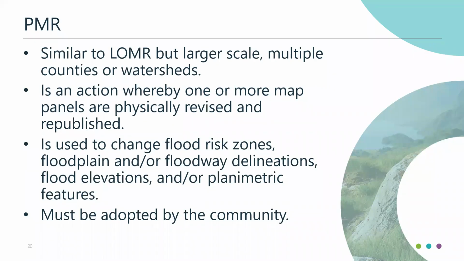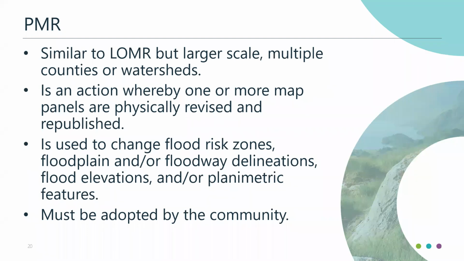A physical map revision is similar to a LOMR, a letter of map revision. So it is a revision application, but at a larger scale. Think of multiple counties or watersheds, where several map panels are going to be revised. It may be a situation where FEMA decides to deploy a PMR process as opposed to a LOMR process.